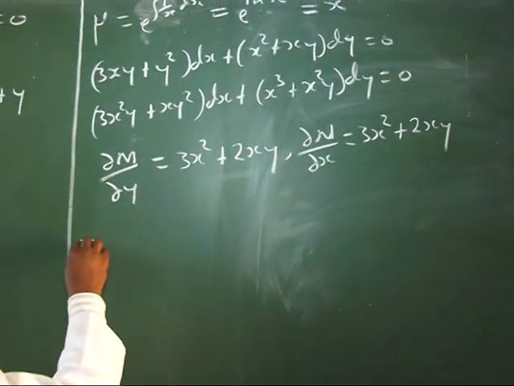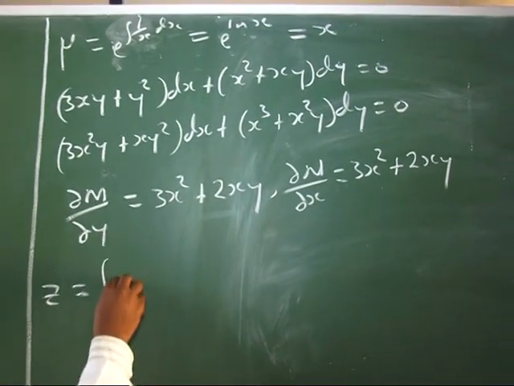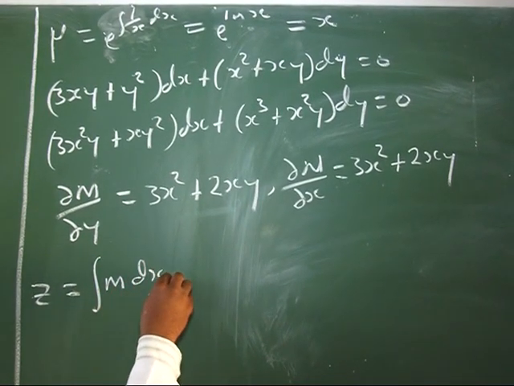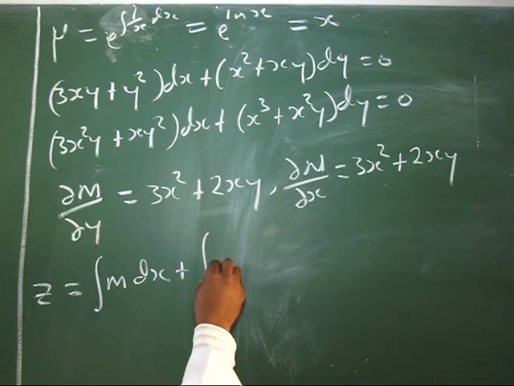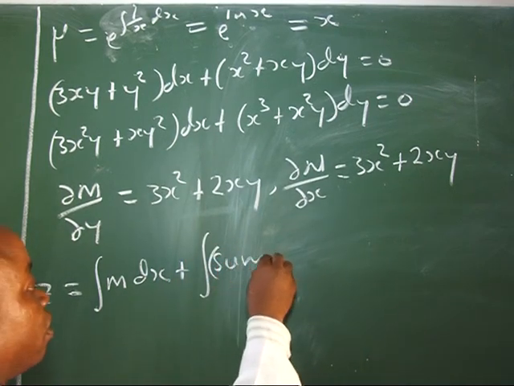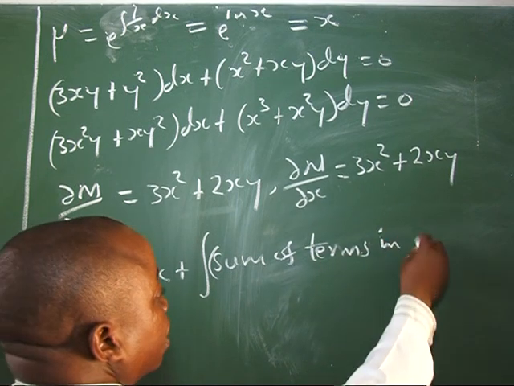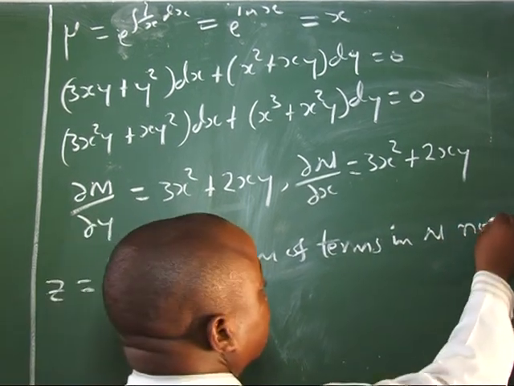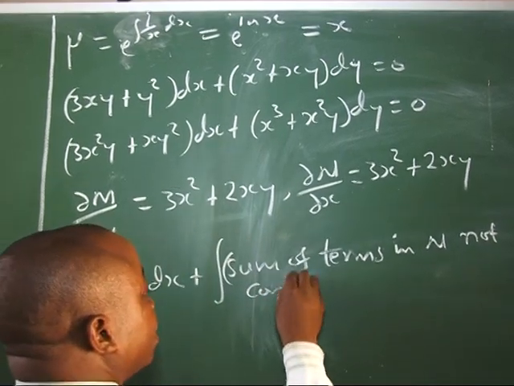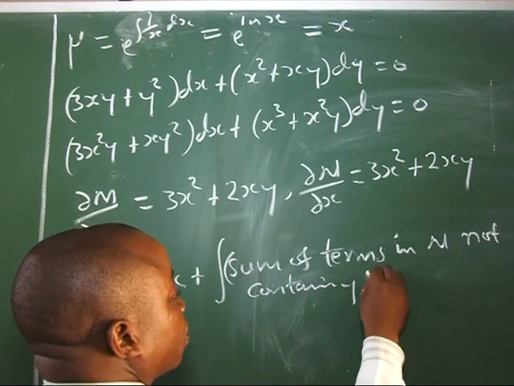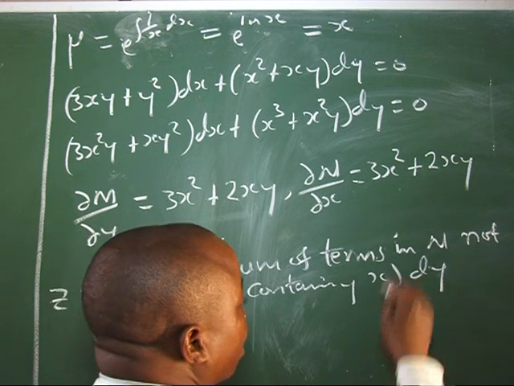Therefore, z will be equal to the integral of M dx plus the integral of the sum of terms in N not containing x, dy.